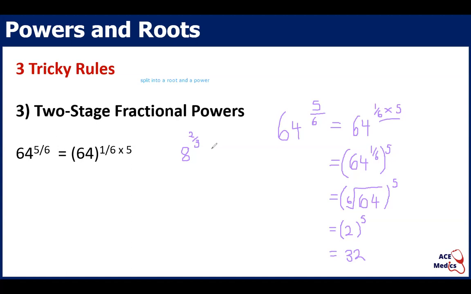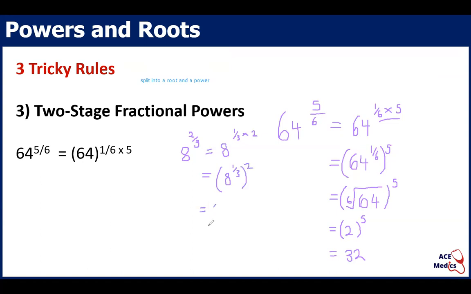Cool. Okay, so remember we need to split it up first. Yeah, well done, Lily. So we're going to have 8 to the power of 1/3. Always make it 1 over whatever the bottom number is, times 2. That's the same as writing 8 to the power of 1/3, squared.